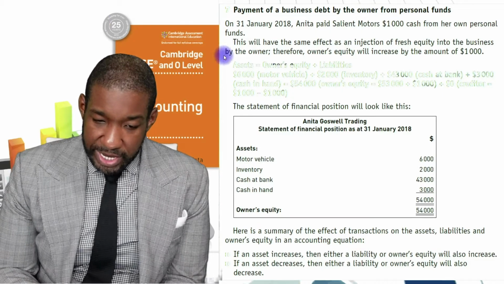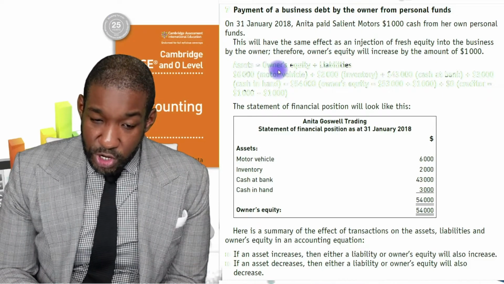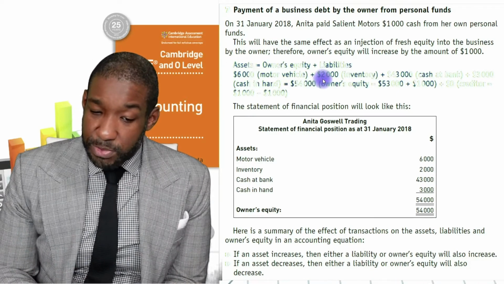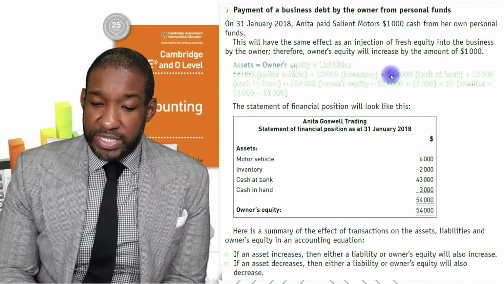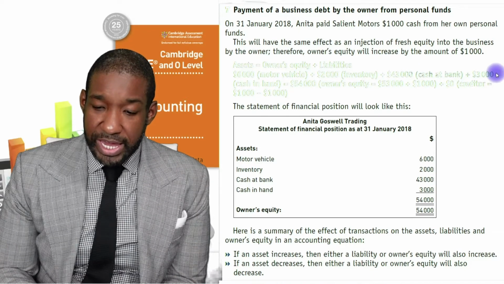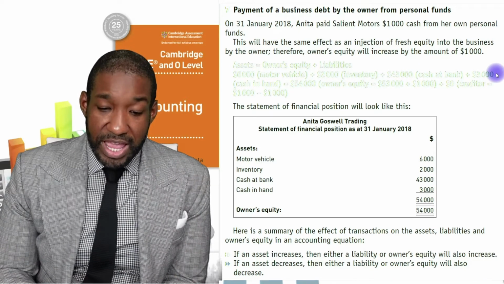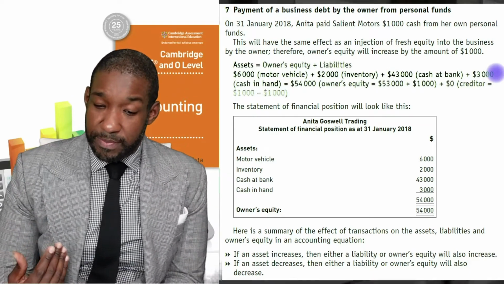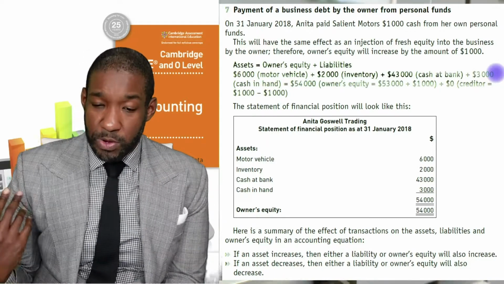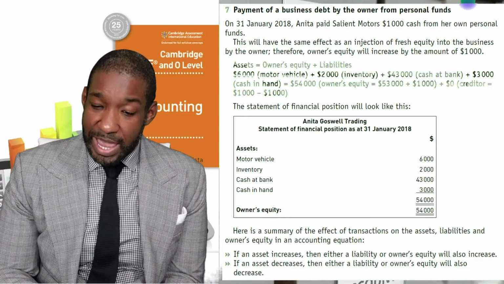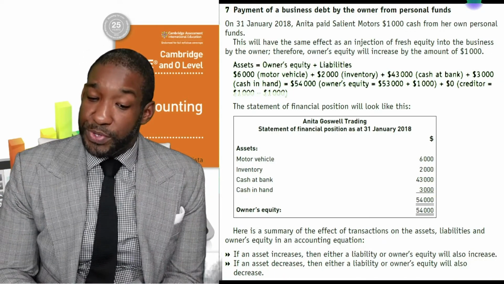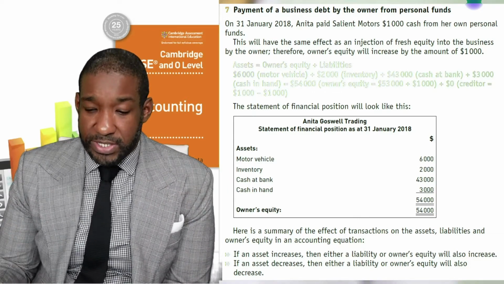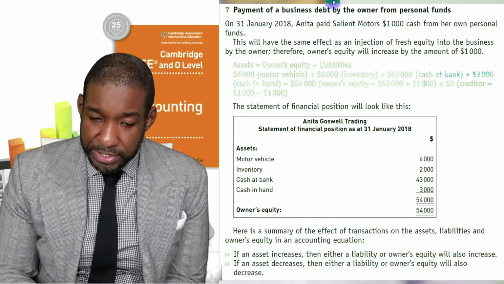So here we have assets equals owner's equity plus liabilities. Assets are the same. The same $6,000 in motor vehicles, the same $2,000 in inventory, the same $43,000 cash at bank, and the same $3,000 cash at hand. However, owner's equity is increased by $1,000, as this from her own money was paid into the business, and the liabilities to the creditor have decreased by $1,000, as that money was used to pay off the last of the funds owed to the creditor.